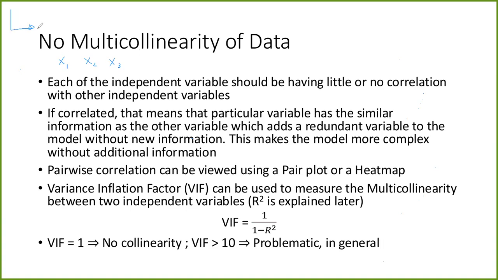For example, when we plot x1 and x2, if you can see some relationship, like a linear relationship, that means both x1 and x2 are bringing the same kind of information into the model, right?